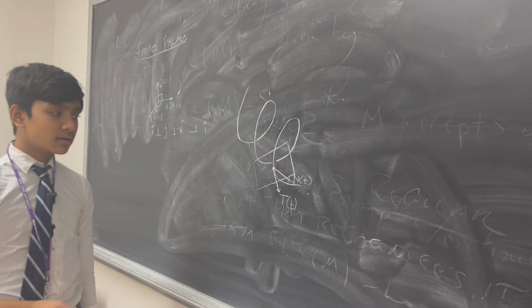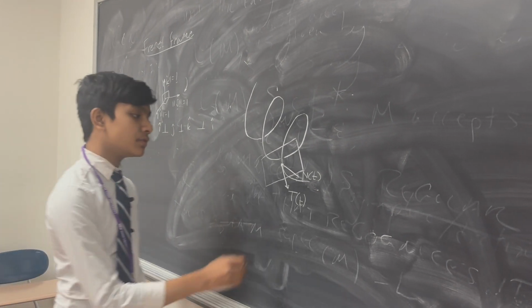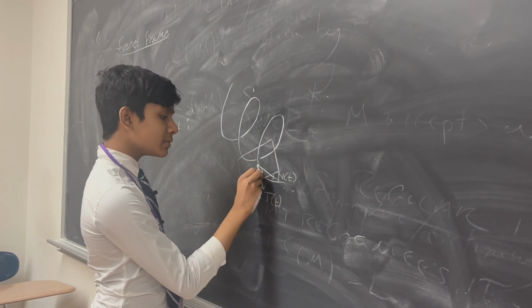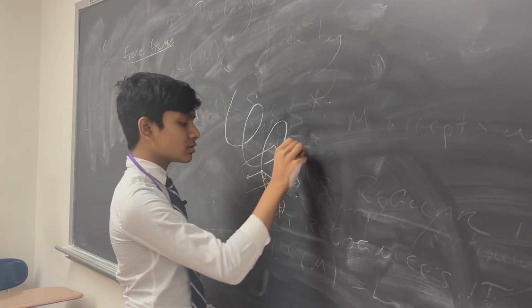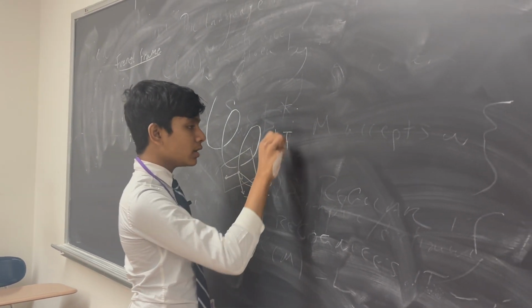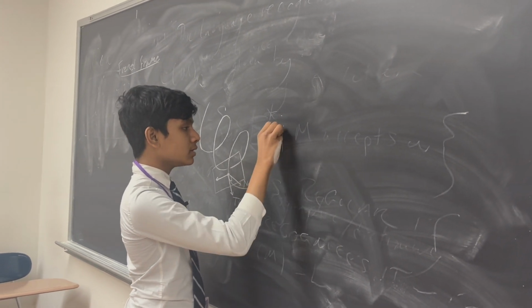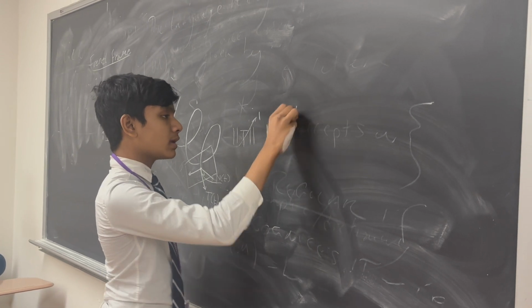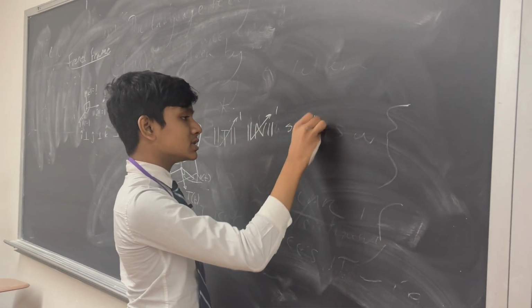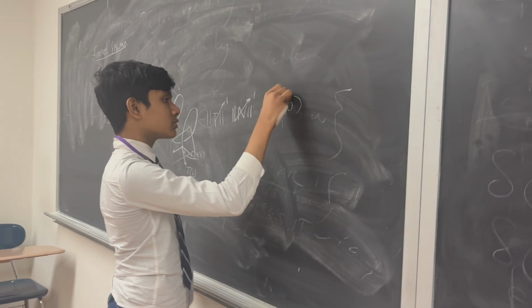And finally, we have the cross product of these two. These two are already made to be perpendicular, so their cross product is just going to be the magnitude of one, which is equal to 1, the magnitude of the other, which is also equal to 1, multiplied by sine theta, which is 90 in this case, which is also equal to 1.